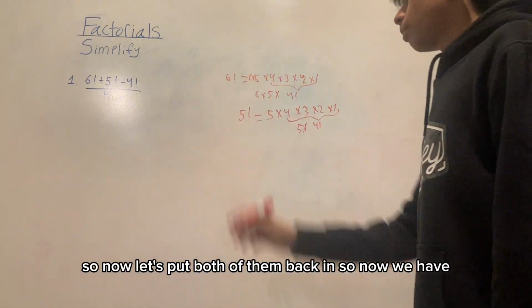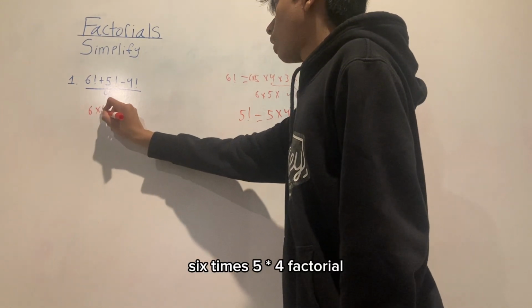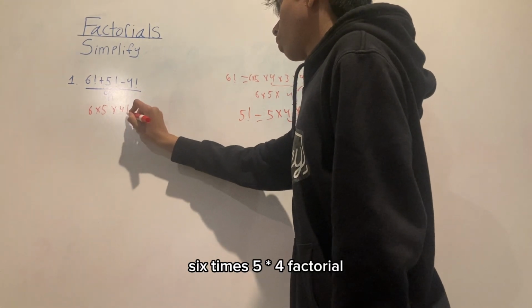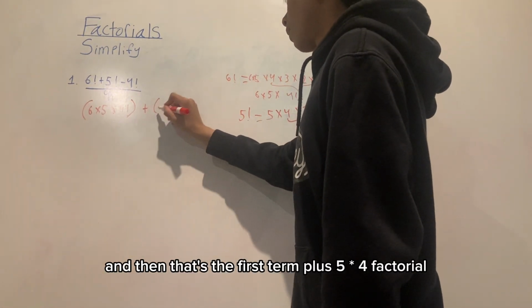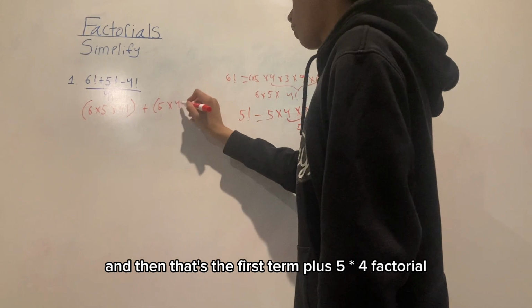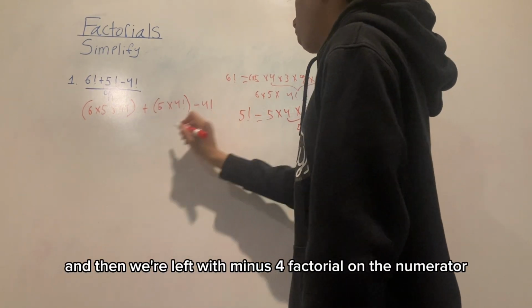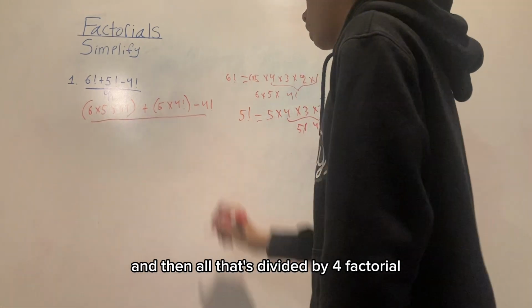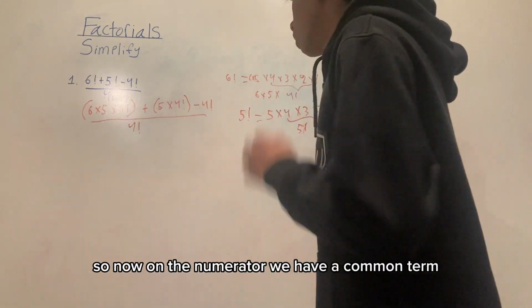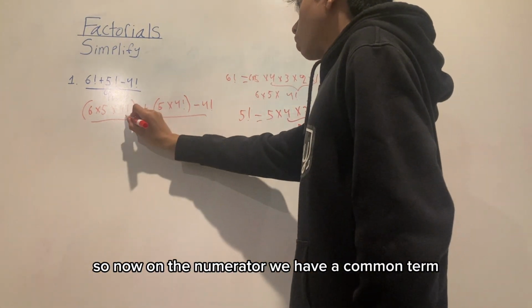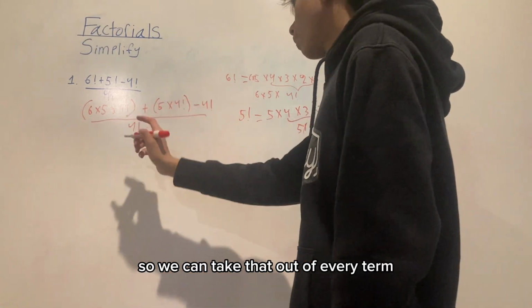So now let's put both of them back in. So now we have 6 times 5 times 4 factorial, and then that's the first term, plus 5 times 4 factorial, and then we're left with minus 4 factorial on the numerator, and then all that's divided by 4 factorial. So now, on the numerator, we have a common term, which is 4 factorial, so we can take that out of every term.